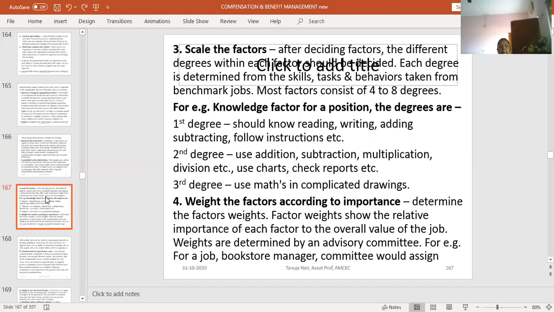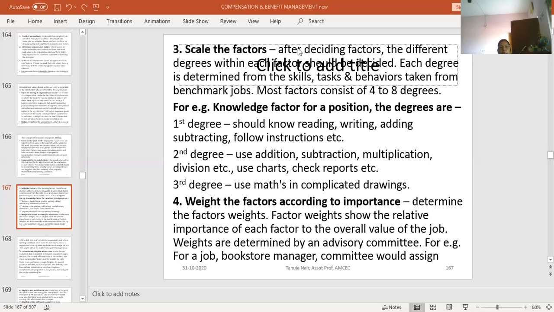Then third step, you scale the factors. Scale the factors means you have to scale it from 1 to 10. If the compensable factor is very important for that particular job, like for example, software programming skills is a very important factor for all software jobs, you will give it a scale of 1, 2, 3 like that.